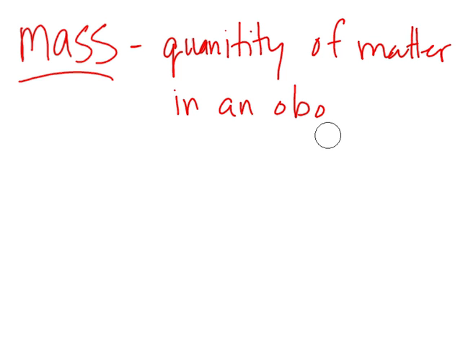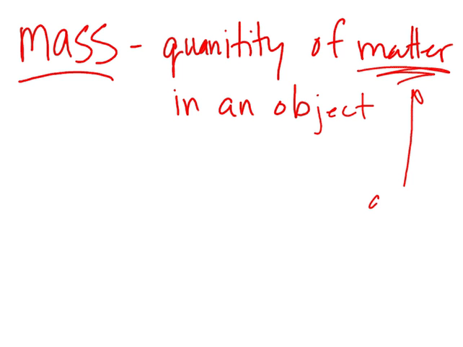Now, this quantity of matter, what this matter stuff is, we'll talk about later, but you guys are aware of atoms: protons, neutrons, electrons. The amount of atoms that we have in an object is considered its mass.